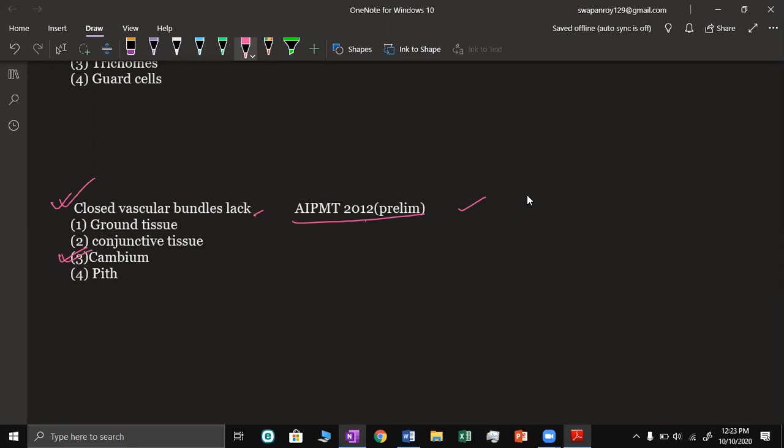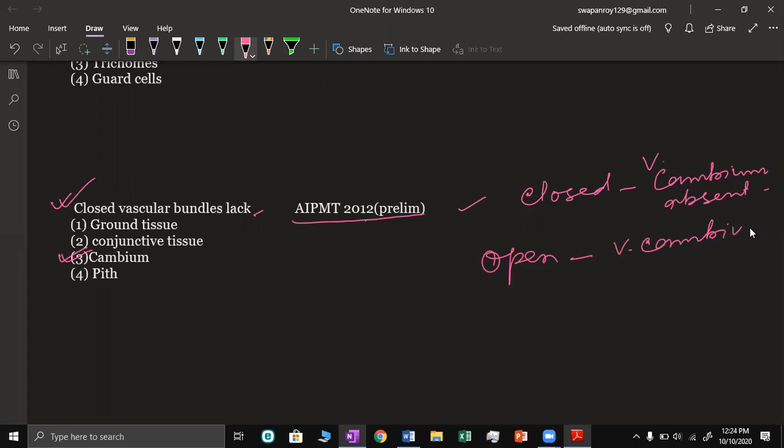So in the closed, vascular cambium is absent, and in the open, the vascular cambium is present.